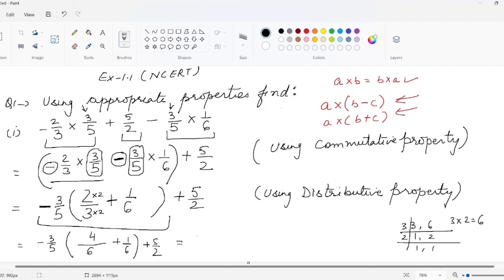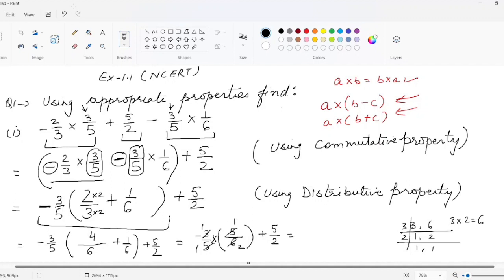After that, we will write minus 3 by 5, in the bracket we will add these, 4 plus 1 will become 5 by 6. We have added the fraction and the outside one will remain the same. Then because there is no symbol outside it, it is multiply. So can we cut them? 3 ones are 3, 3 twos are 6. 5 ones are 5, 5 ones are 5.